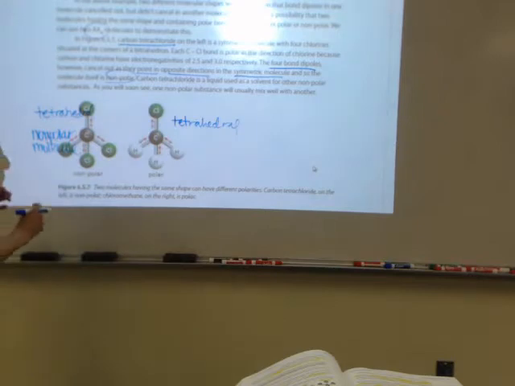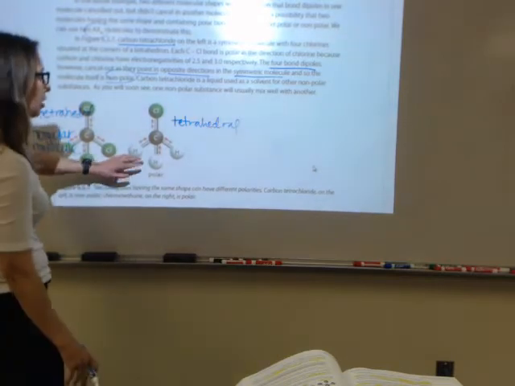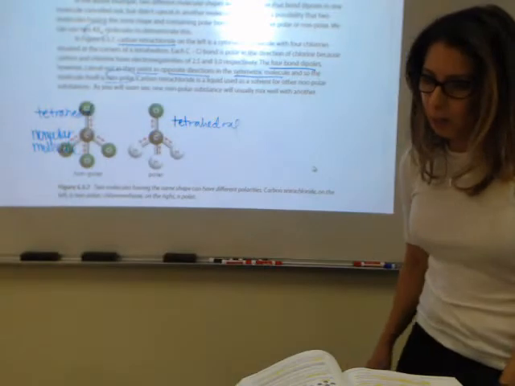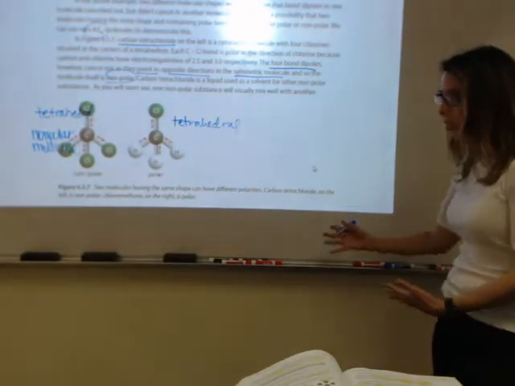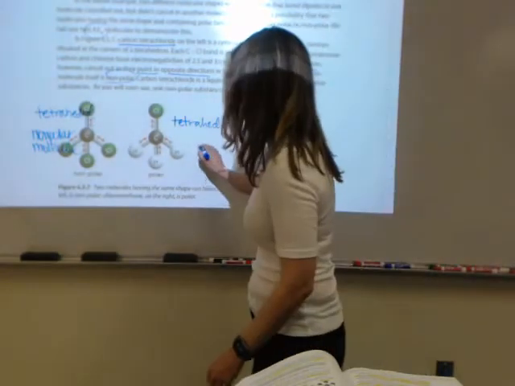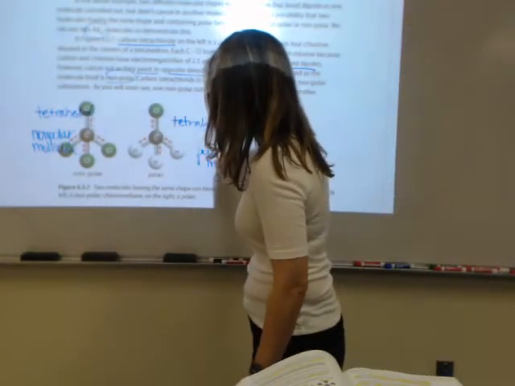Okay, so I can take this liquid and I can dissolve other nonpolar substances in it. But if I'm looking over here at this substance, you will notice that the bond dipoles point in the same general direction, therefore they are not going to cancel out, and this would be a polar molecule.